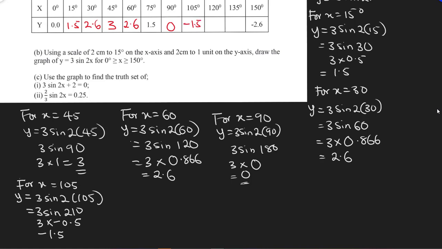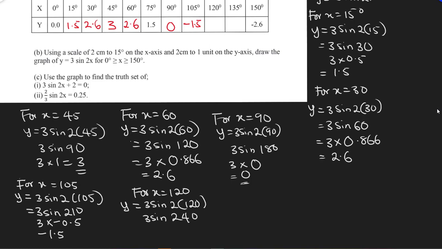The next one is 120. For 120, we know that y is equal to 3 sine 2 into 120 degrees. So we're going to say 3 sine 240 degrees, since 120 times 2 is 240.